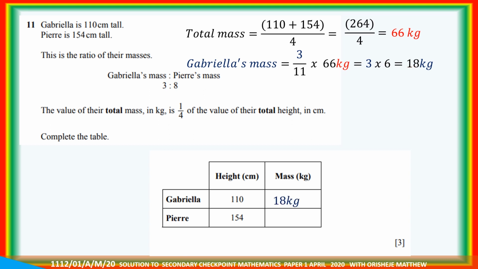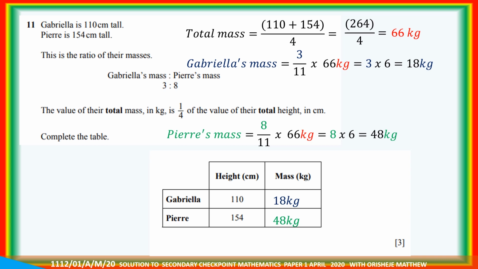So to get Pierre's mass, the fraction of the total mass is 8 over 11 multiplied by the total mass of 66. If 11 divides 66, that will give me 6. So 6 times 8 will give me 48. So Pierre's mass is going to be 48 kg.